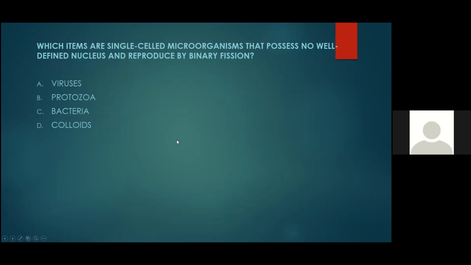Here's a single one. I like this one. Which of these items are single-celled microorganisms that possess no well-defined nucleus and reproduce by binary fission? What do you think of these nasty things here?